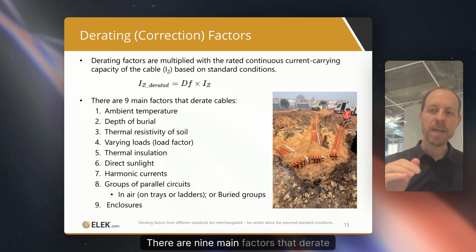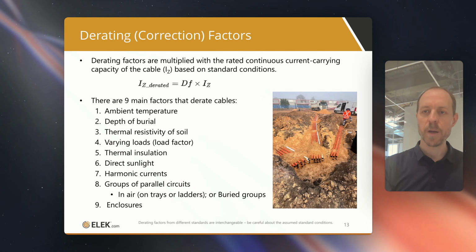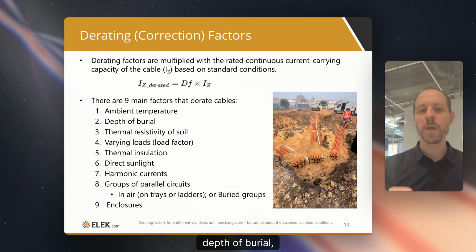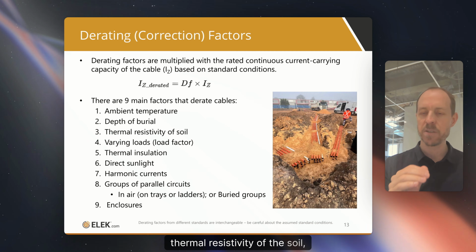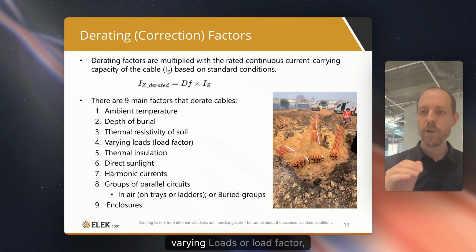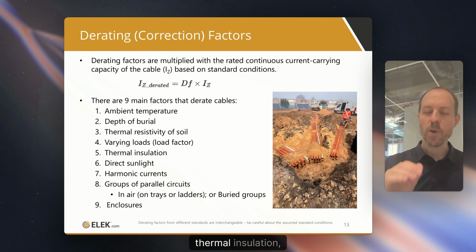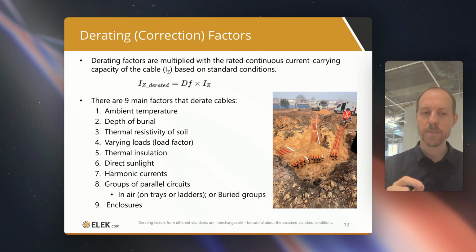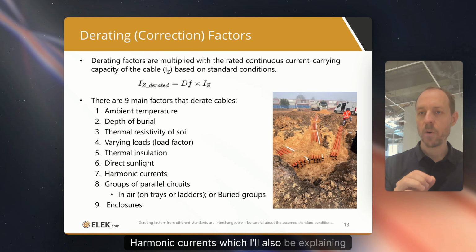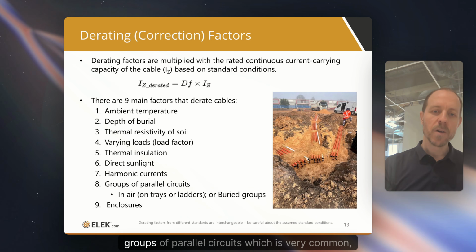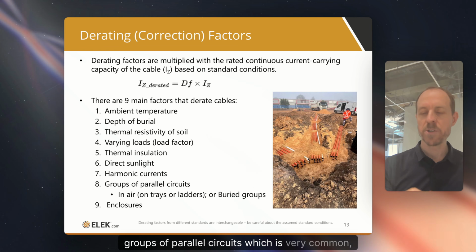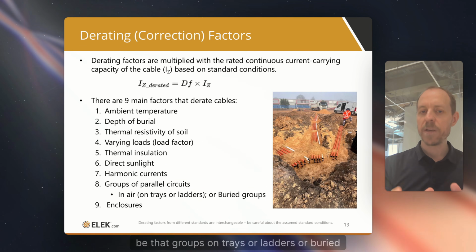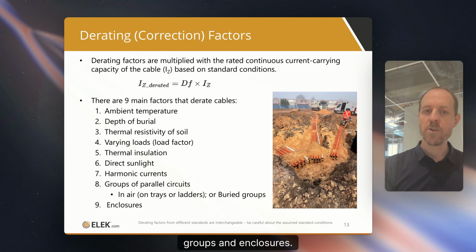There are 9 main factors that derate power cables, including ambient temperature, depth of burial, thermal resistivity of the soil, varying loads or load factor, thermal insulation, direct sunlight, which has a very significant impact, harmonic currents, which I'll also be explaining, groups of parallel circuits, which is very common, be that groups on trays or ladders or buried groups, and enclosures.